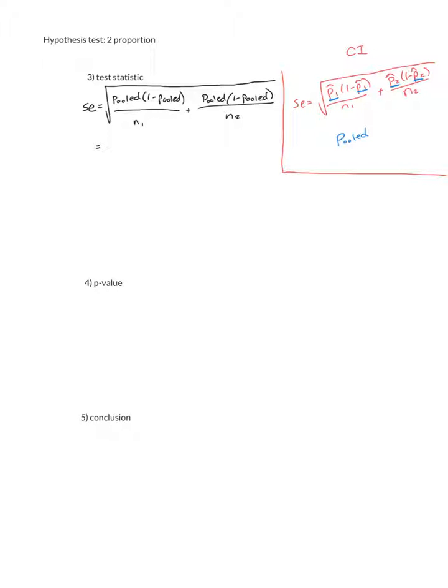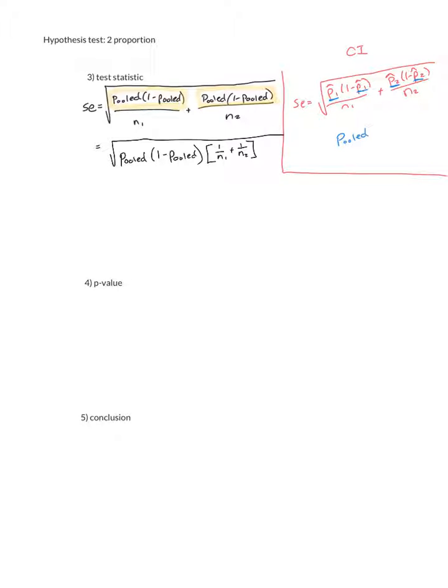So what I'm going to do is take that numerator and factor it off of both of those. I'm going to pull this off the first one and this off the second one. And when I factor that out, I'll have my pooled proportion, 1 minus my pooled proportion, and on top of that N1 will be just a 1. So I'll have 1 over N1 plus 1 over N2.